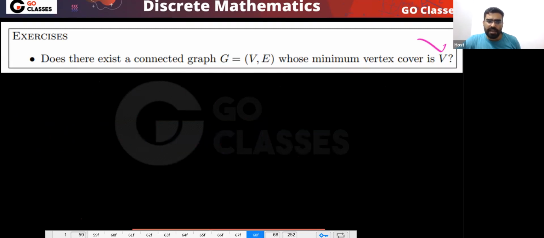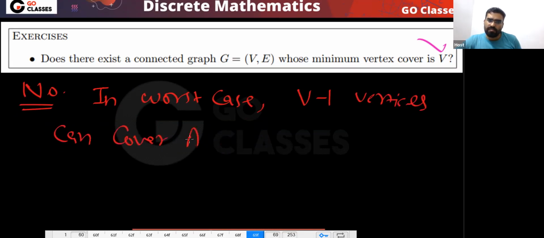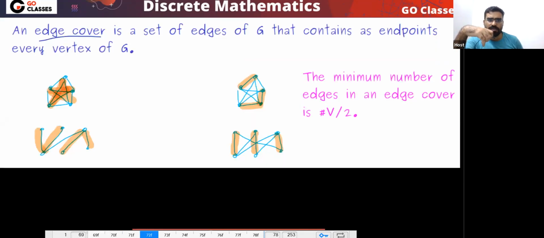In the worst case, V minus 1 vertices can cover all the edges. If you take V minus 1 vertices, every edge will be covered. Yes or no? So quite simple.